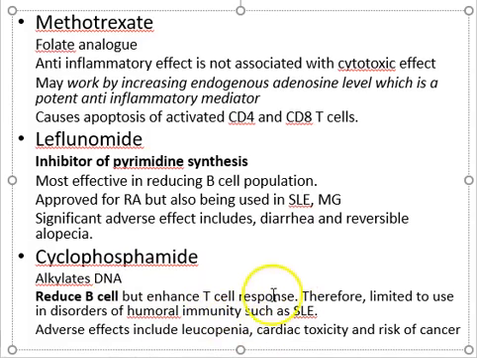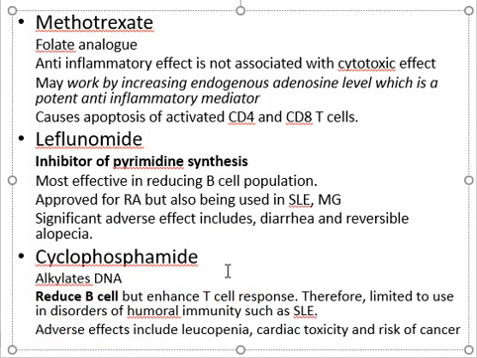Really, it's getting at the marginal zones within the secondary lymphoid tissue. We don't have to get into that mechanism. One, I can't remember it, and two, it's not that important. But it does have a primary B cell inhibitory effect, moreover than a T cell effect. And then adverse effects are listed there.